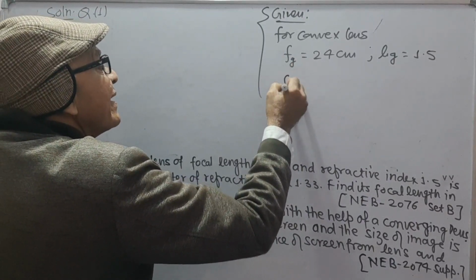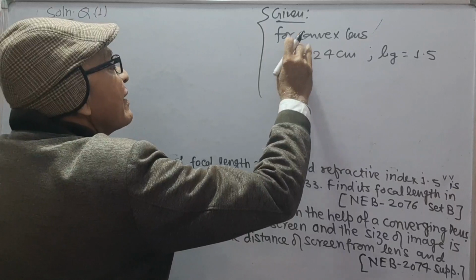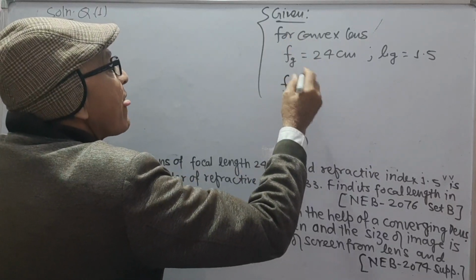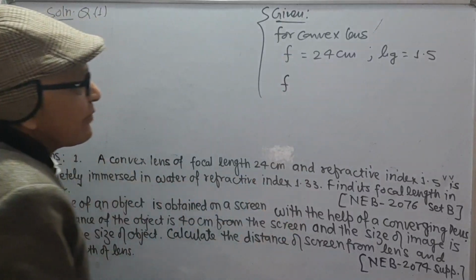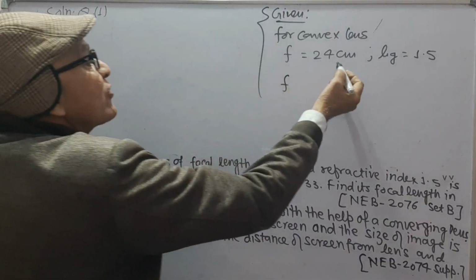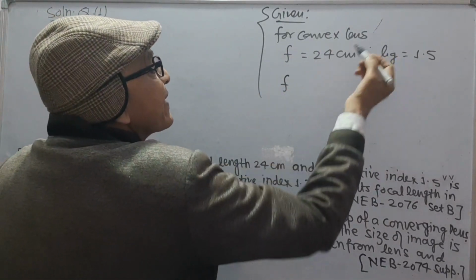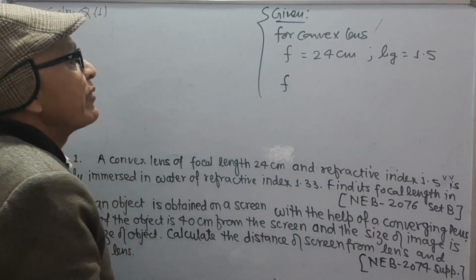We have to find, for convex lens, focal length f is equal to 24 cm and its refractive index mu g is 1.5.